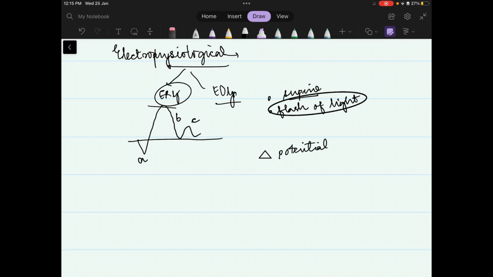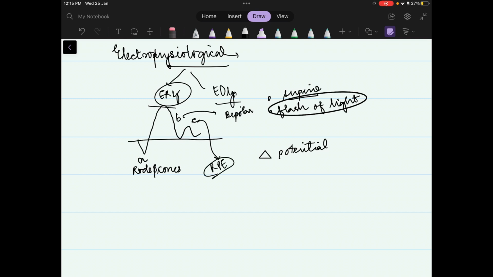Firstly, as you know, the first cells to get stimulated in the retina are the photoreceptors, rods and cones, and then the bipolar cells, which are the second order neurons, and at last the retinal pigment epithelium.